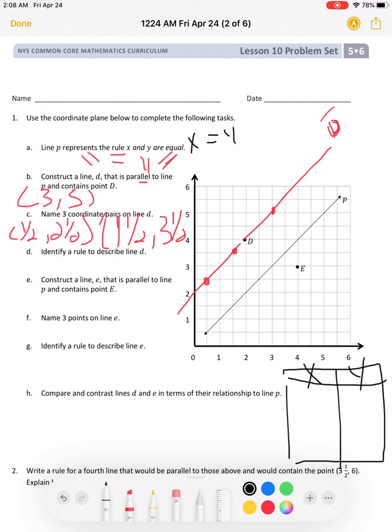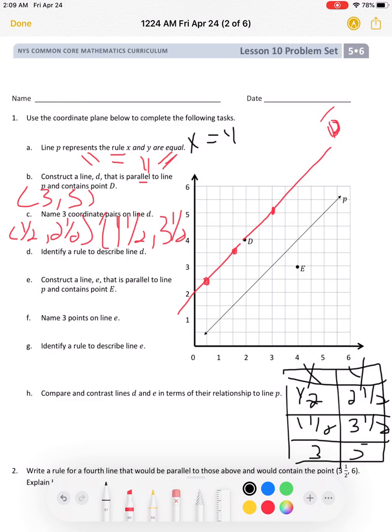The first point we have is 1/2 for x and 2 and 1/2 for y. The next one, 1 and 1/2 for x and 3 and 1/2 for y. And then the last one, 3 for x and 5 for y.